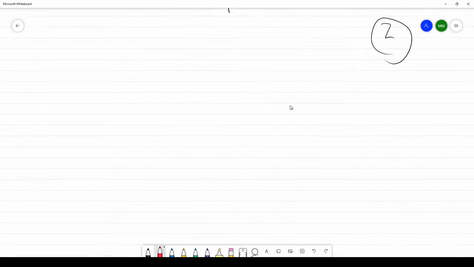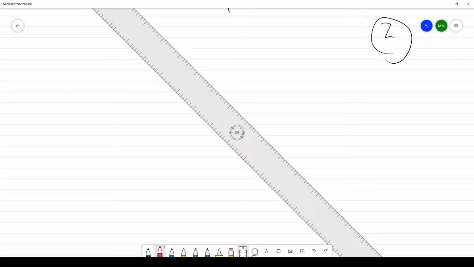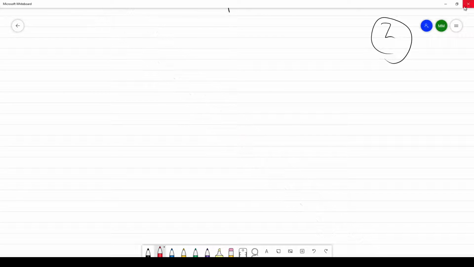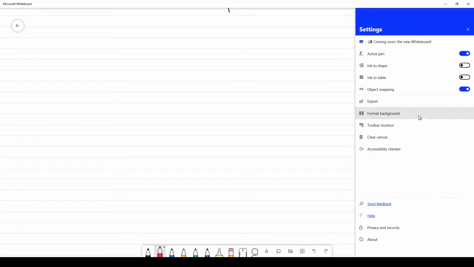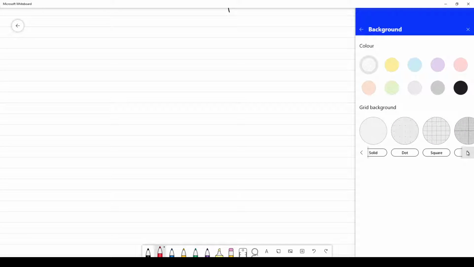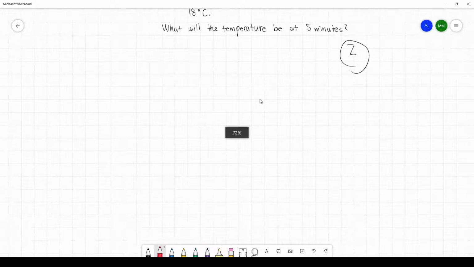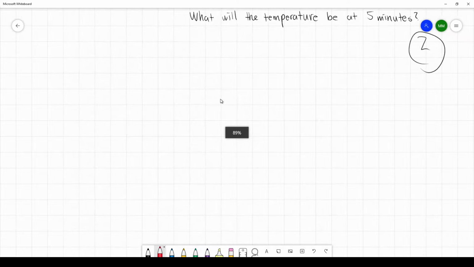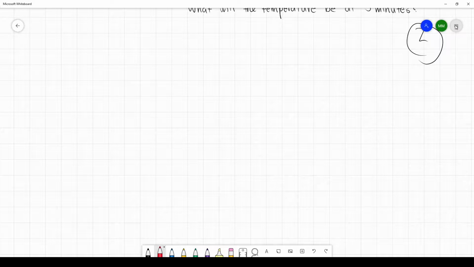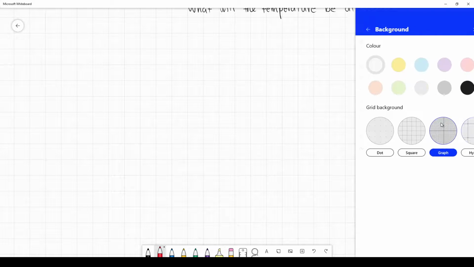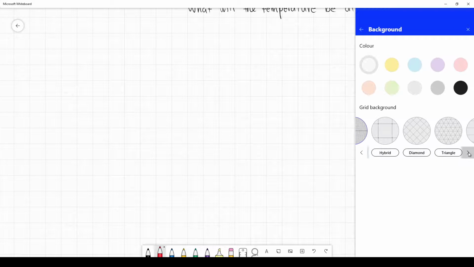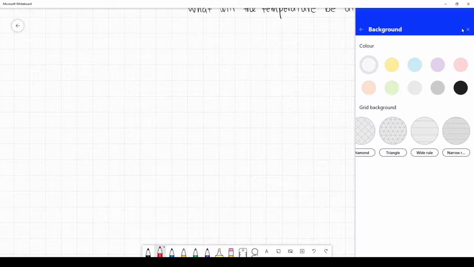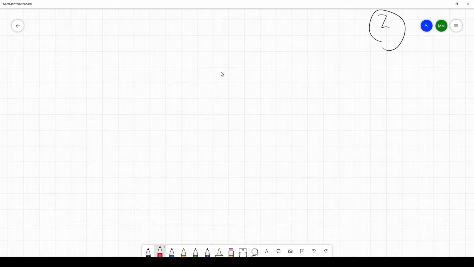So maybe what I would do is I'm gonna switch back to the grid format graph. Wait, this is not the graph I usually use. Huh. Okay. Guess I'll use this.